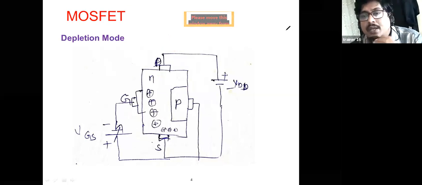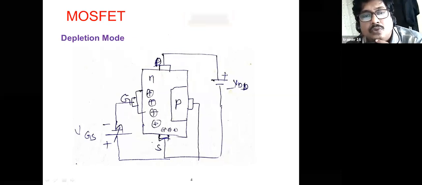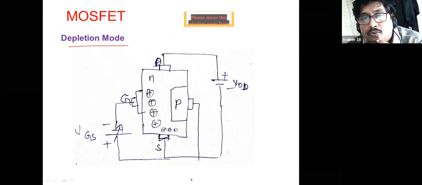Now, number 80 asked about this, right? So what I said is that in the circuit diagram, in the depletion mode you have a negative gate to source voltage, meaning the negative terminal is connected to the gate. In the examination, if you get plus and minus wrong, the whole drawing is completely wrong even if you draw it completely. So be careful while giving minus and plus.